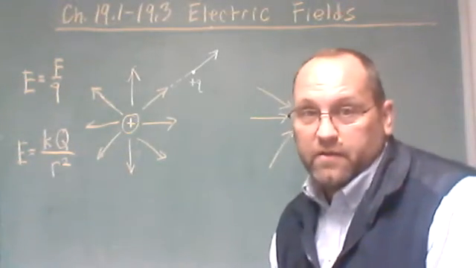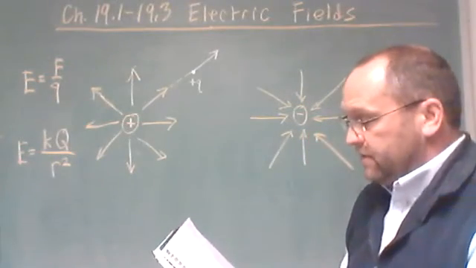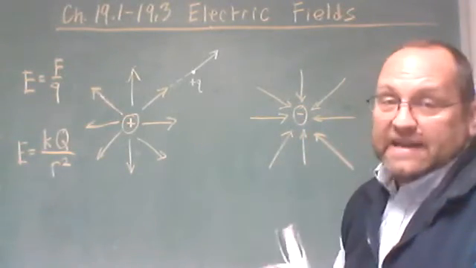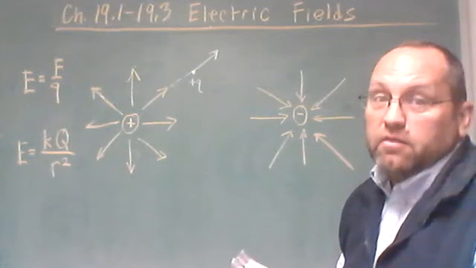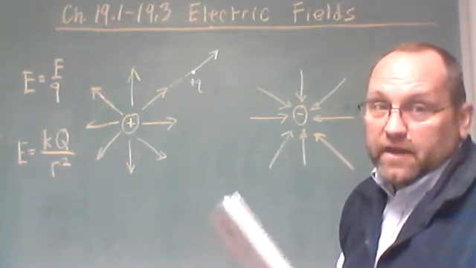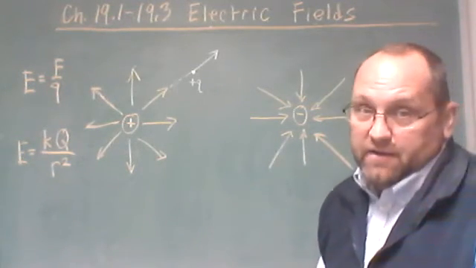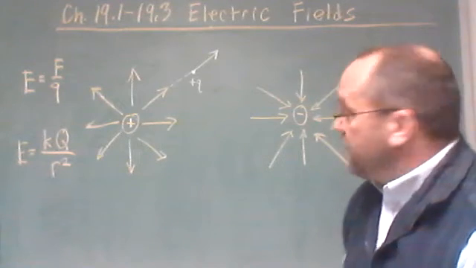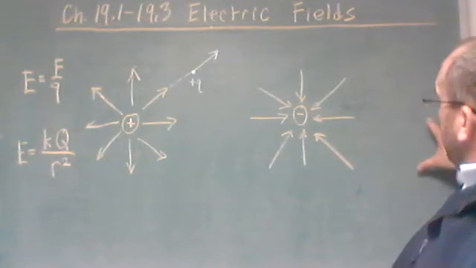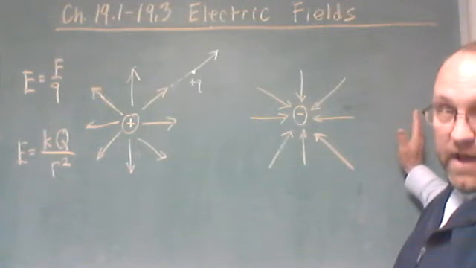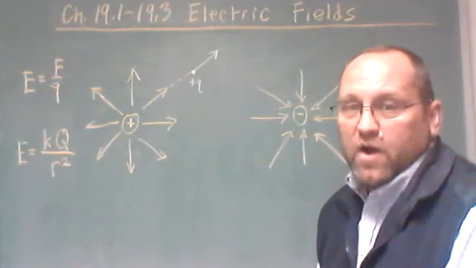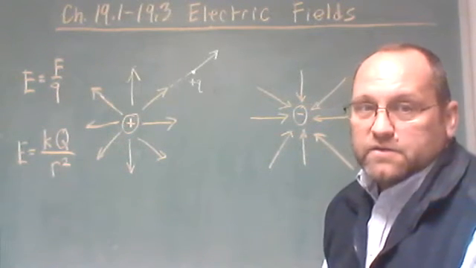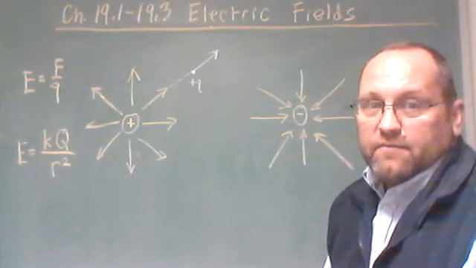So that's another point of these electric field lines. The closer together they are, the larger the electric field strength at that point. Out here they get further and further apart. The field strength is less. It's a graphical, a visual way to see that force.